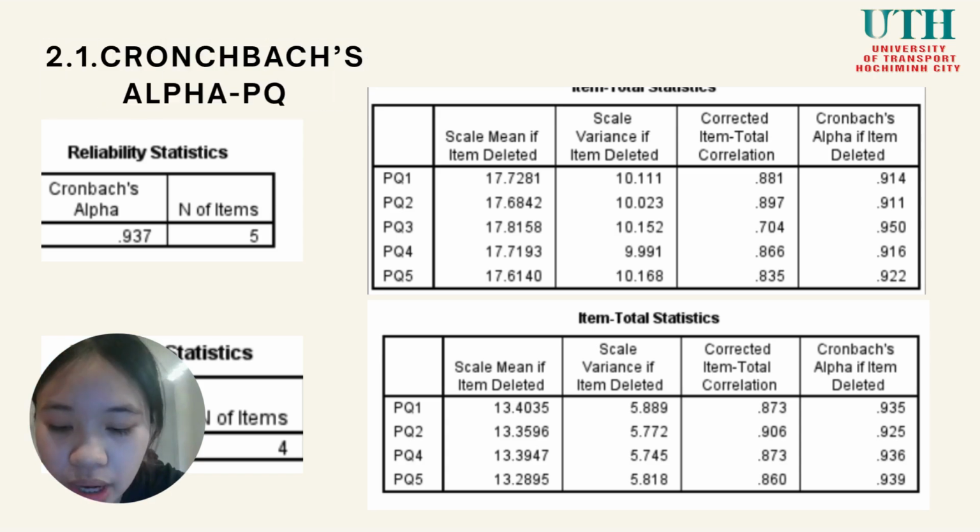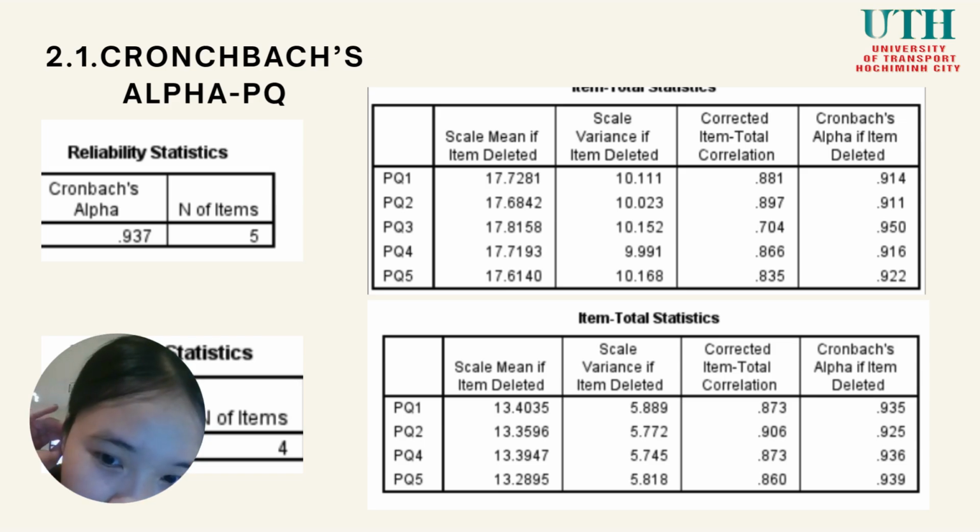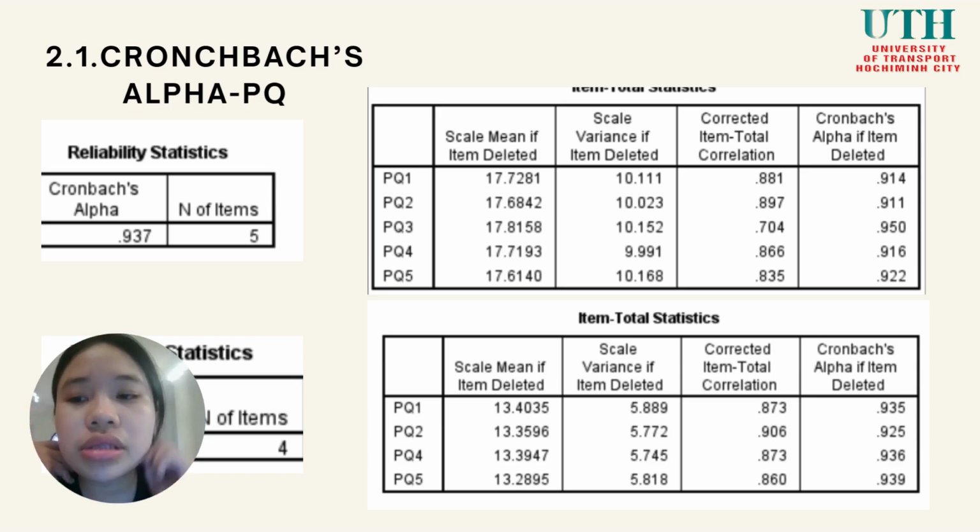On the other hand, the PV scale is highly reliable. The Cronbach's alpha averages 0.937 with five items.